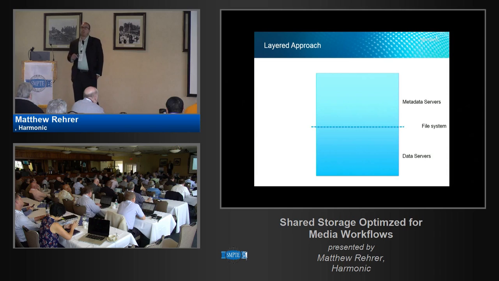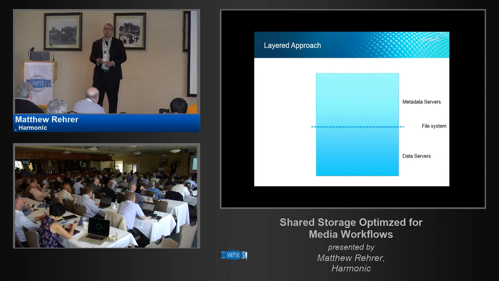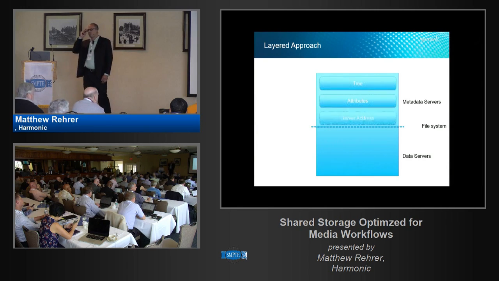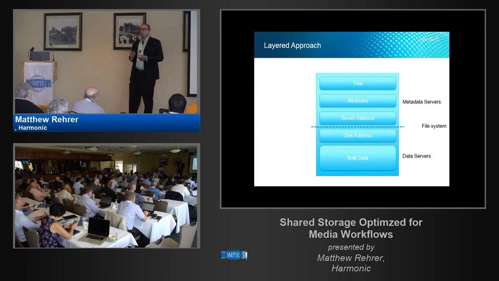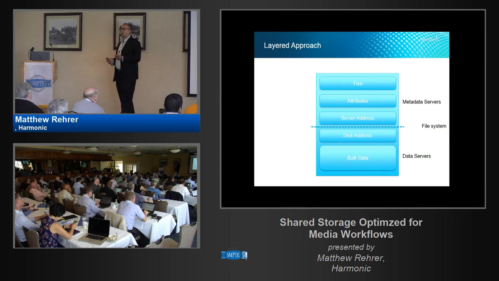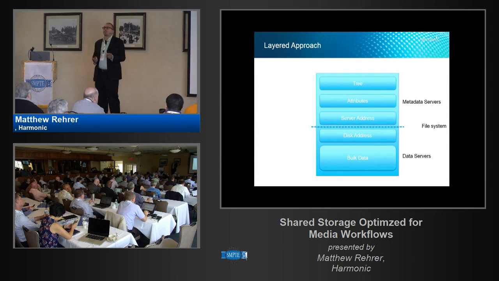But in order to illustrate this, the metadata, what people think of as the inodes of the file system, the locking, the file names, the modification times, things like that, all live in metadata servers in a typical clustered file system. So you have the file system tree, all of the attributes of the files that I mentioned earlier, and then there's a translation layer where you need to connect those file objects to the actual bulk data that's stored in the data server.